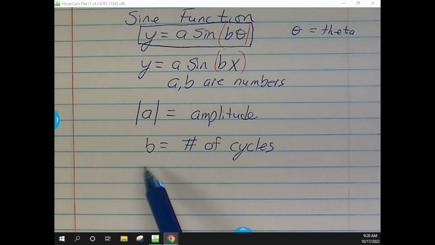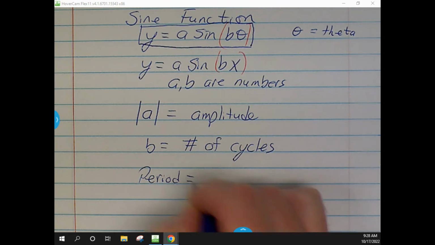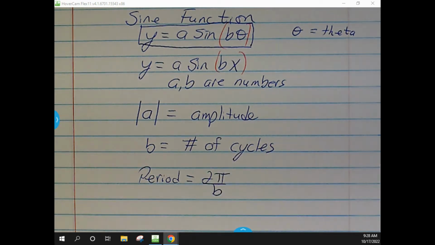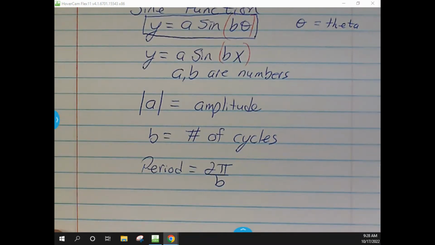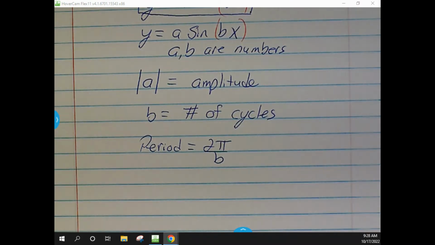The b by itself doesn't do a whole lot, but it helps you find the period, because they're going to ask you to find the period, and the period is 2 pi divided by b. So a is your amplitude, and b is your cycles, which then helps you find your period, which is 2 pi over b.